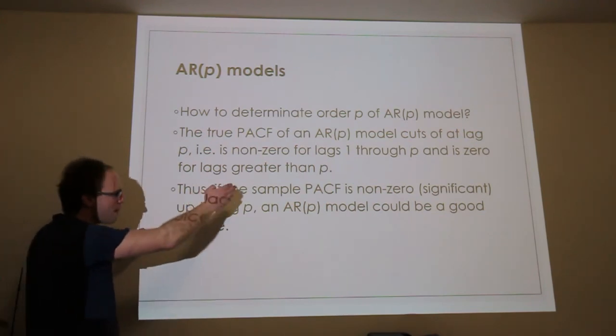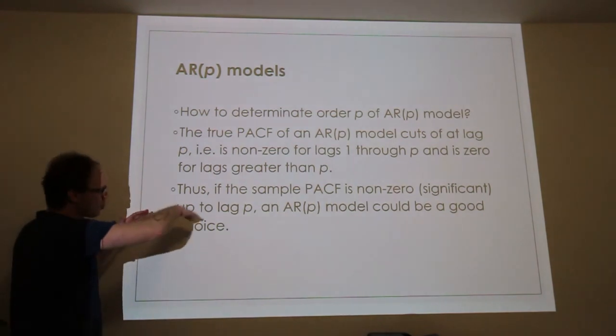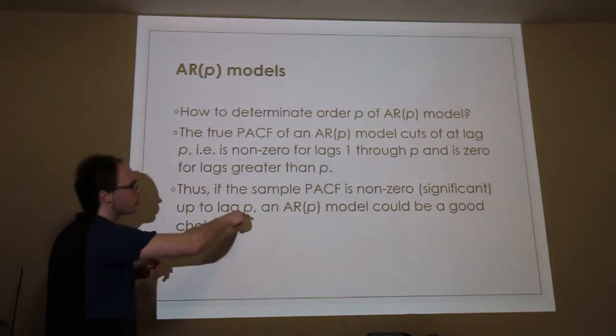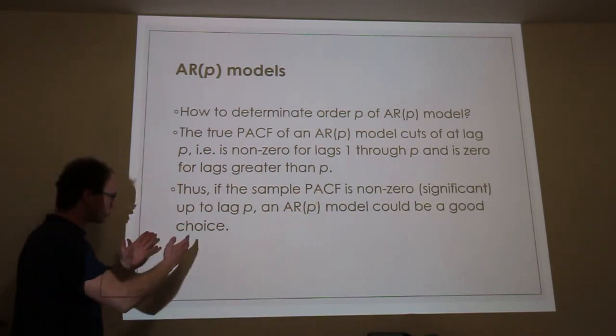So if the sample partial autocorrelation function is significant up to lag P, an autoregressive model of order P could be a good choice.